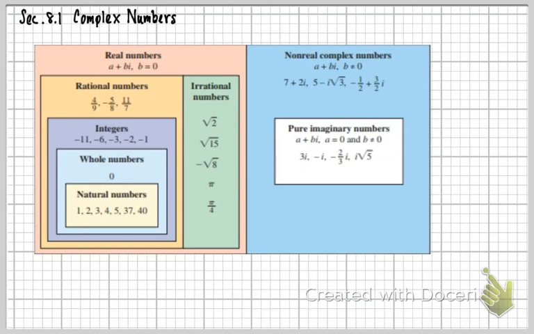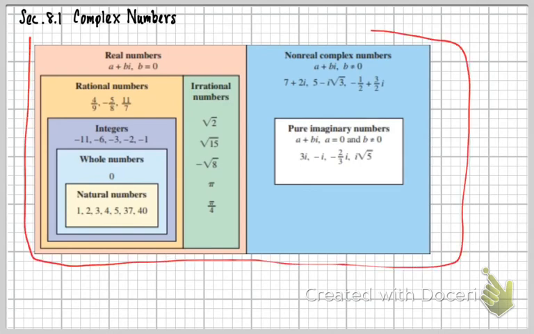But technically speaking, real numbers are contained in the complex numbers, because if I look at a complex number, it is a plus bi. That's why they say here non-real complex numbers. So yeah, those would be over there. Or pure imaginary numbers, those would also be over here, separate.